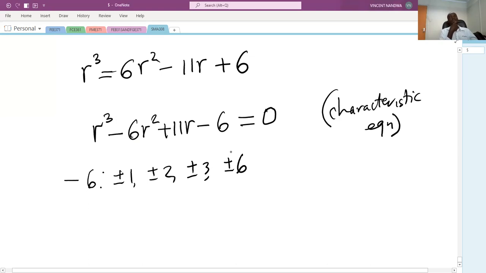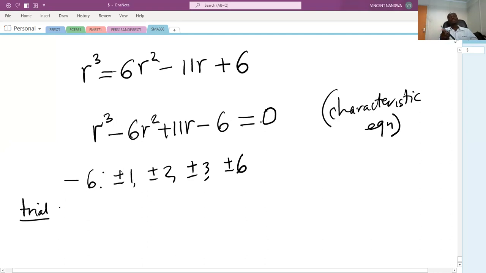Once we have listed the factors of the constant term, then you use trial and error on each of these factors, try to replace into the equation and see whether they satisfy the equation.